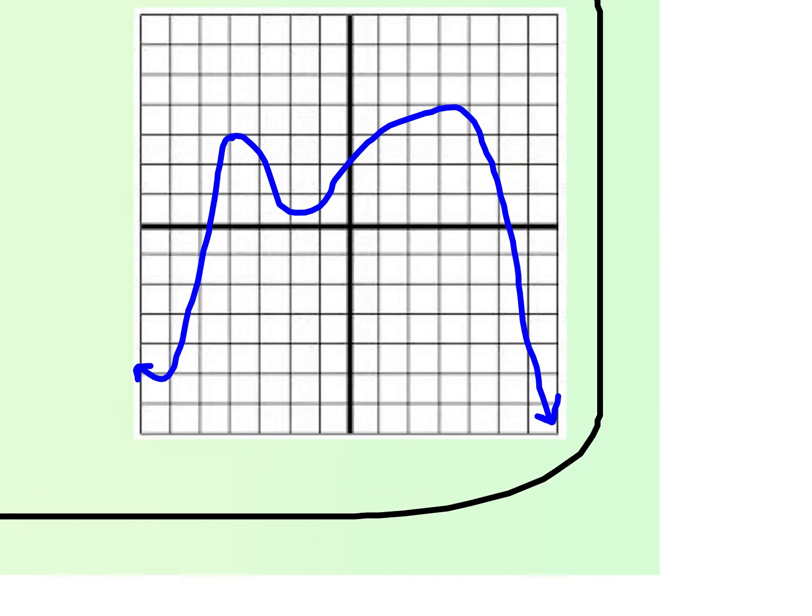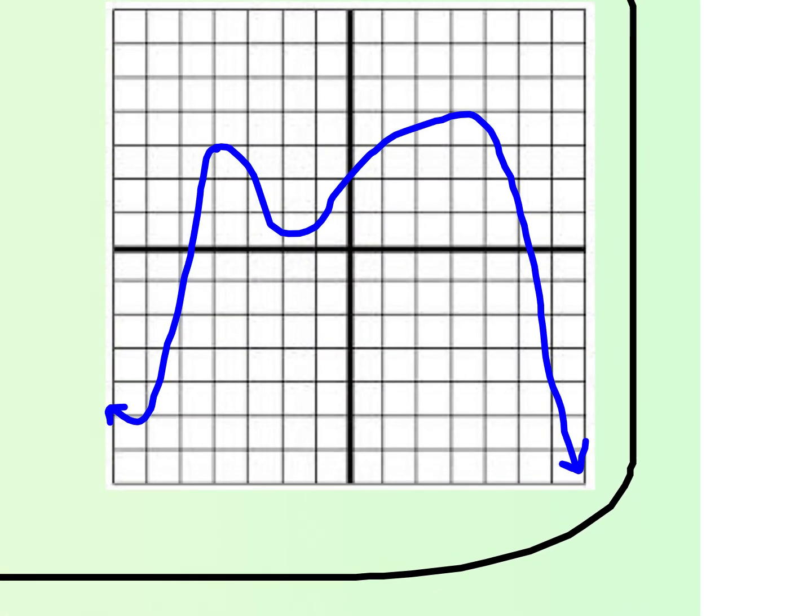Just to make sure you got that, I'm going to just give you a point here. We're going to say that the highest spot there is at negative 4 comma 3. And we're going to say that it hits its lowest right there, which is going to be at negative 2 comma 1/2.